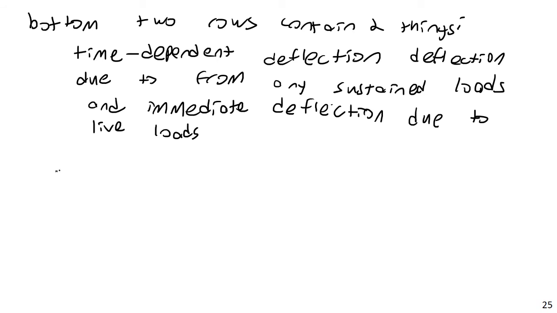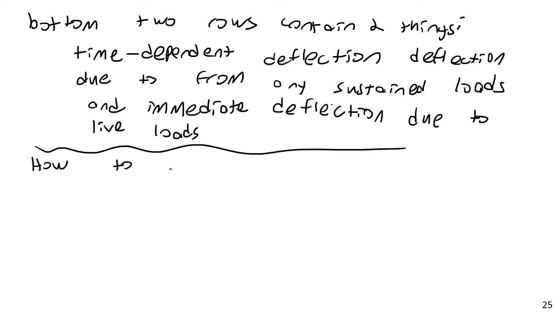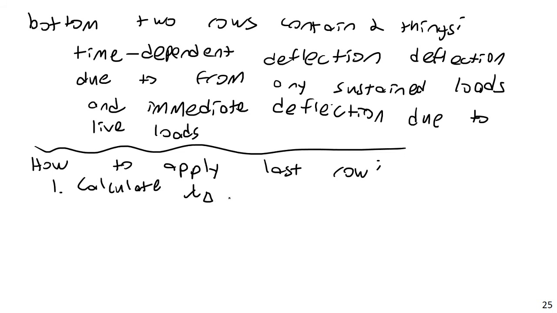So for example, how to apply the last row. One, generally, this is kind of a rough explanation, you calculate your lambda delta.